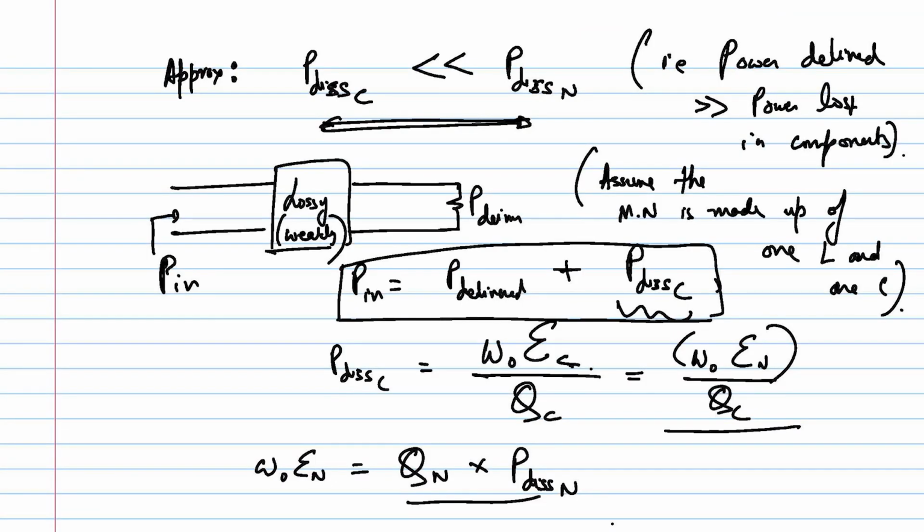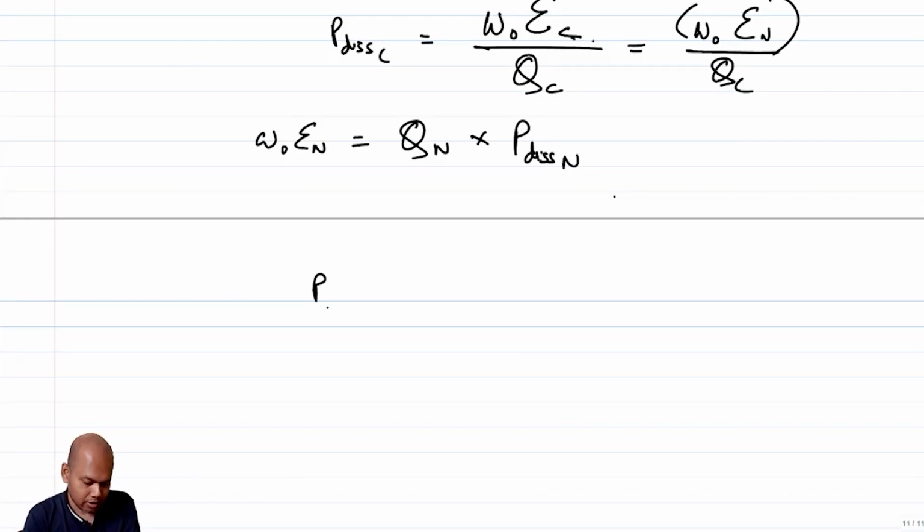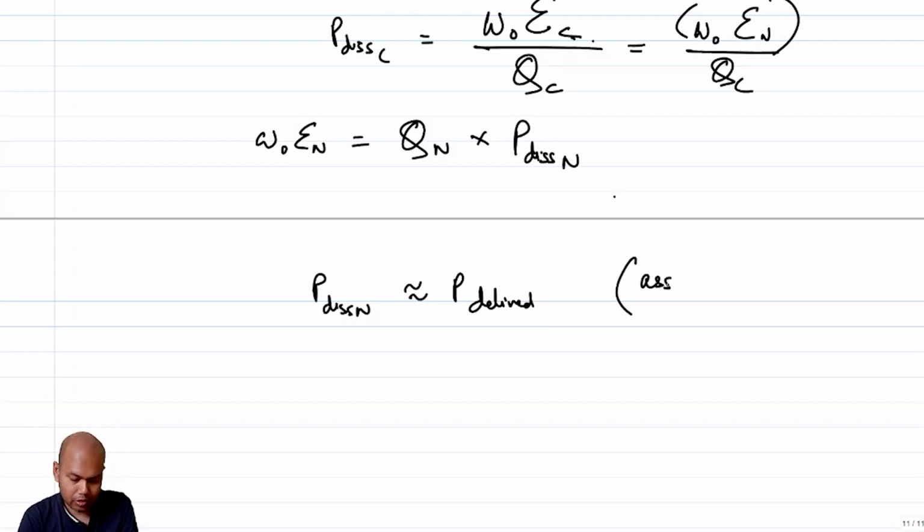Now I'm going to make the approximation that power dissipated in the network is almost equal to the power delivered. This is the approximation I am assuming: the power loss in the components, that is the P dissipation of the component, is much less than the power delivered.